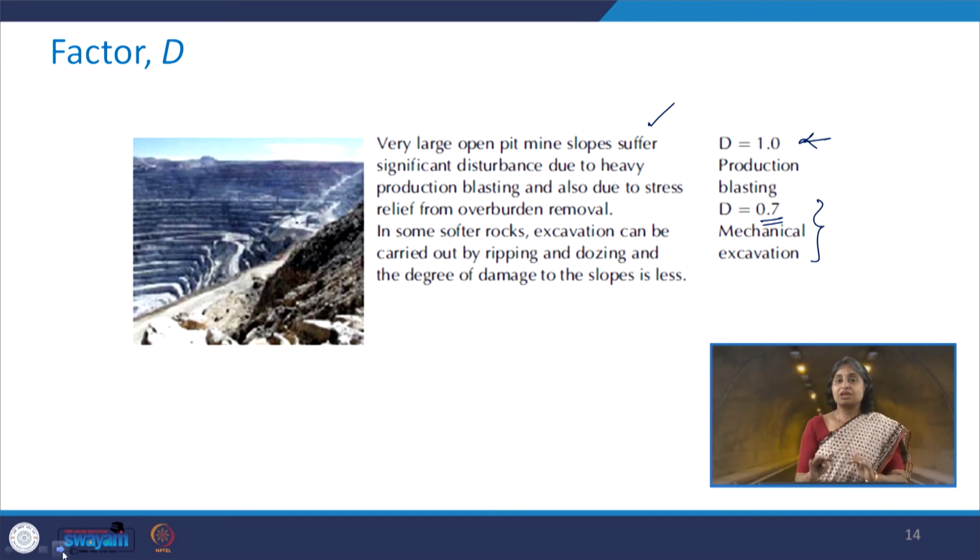Once we know this disturbance factor, we can apply it to the expression that was given in one of the earlier slides, and you can find out the m parameter of the Hoek and Brown criterion with respect to rock mass.